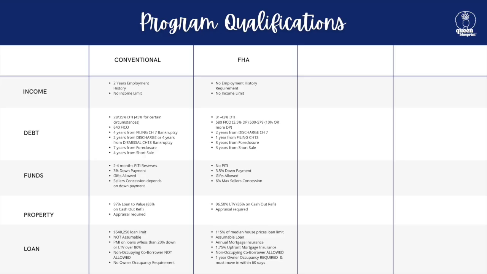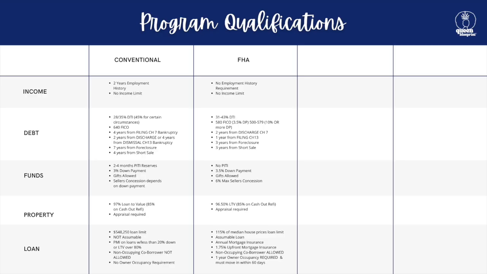Flavia asked a question. If you get down payment assistance and it hits the 20% mark, are you still required to get PMI? So on a conventional loan, because that's a conventional loan, conventional loan has PMI, an FHA has AMI.